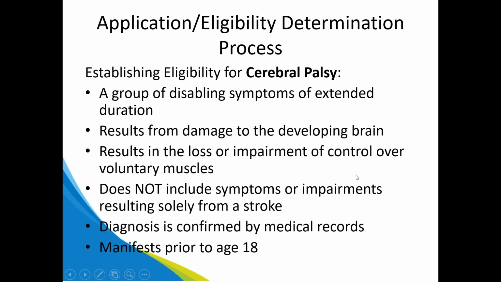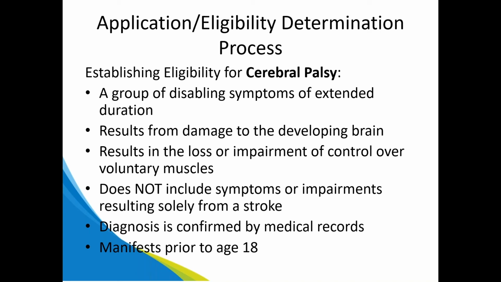Establishing eligibility for cerebral palsy. Cerebral palsy means a group of disabling symptoms of extended duration, which results from damage to the developing brain that may occur before, during, or after birth, and that results in the loss or impairment of control over voluntary muscles.